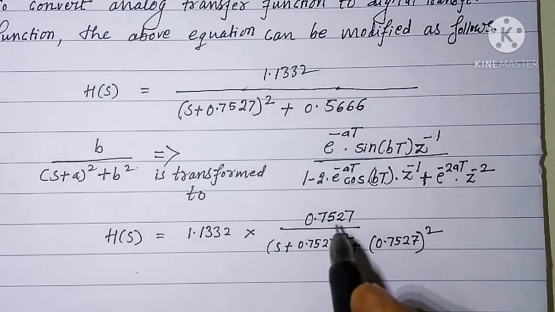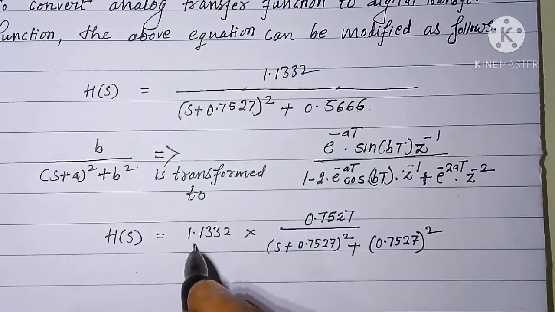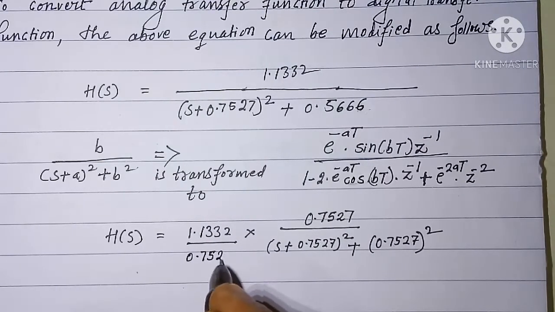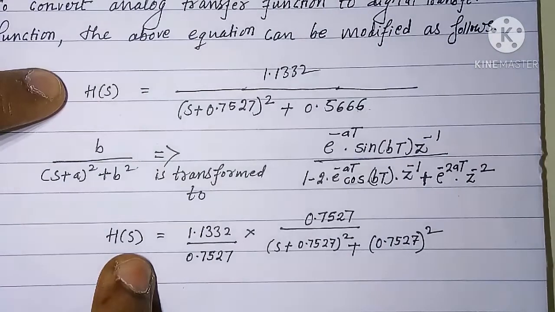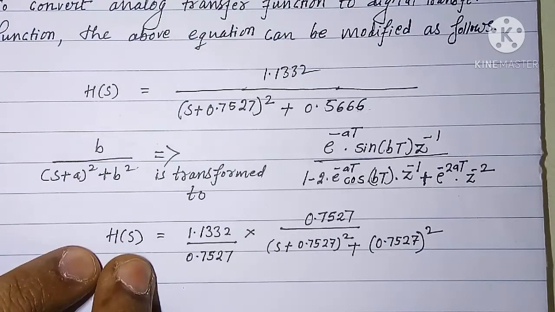And now for us, this is extra term, so we'll divide 1.1332 by 0.7527. That means our H of s is in unchanged form.